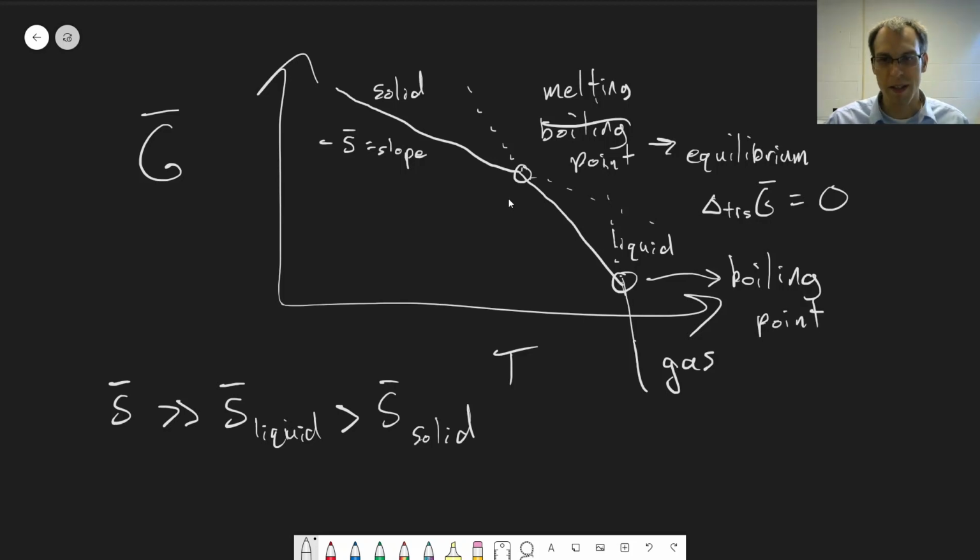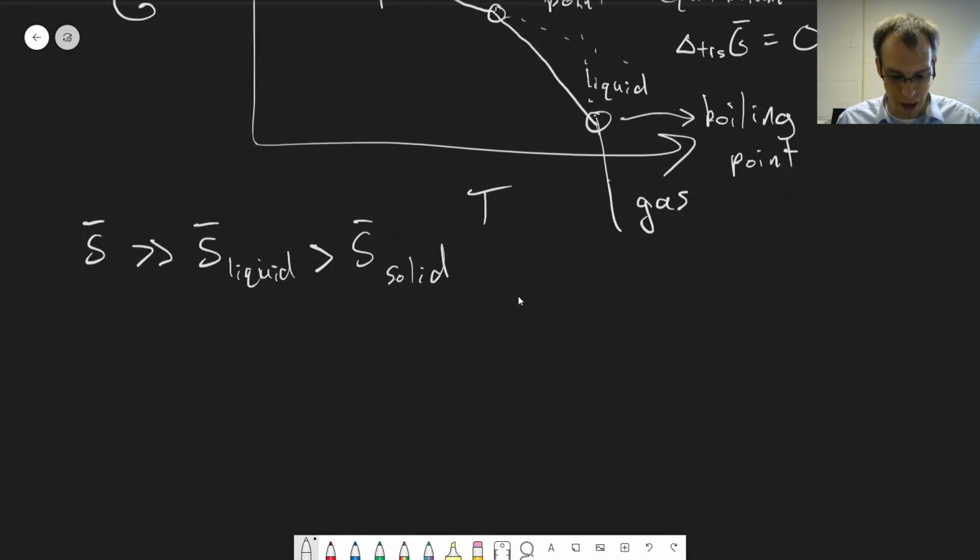Okay, and so as we increase temperature, we can see why we would expect to go from solid to liquid to gas, because these slopes are going to be different for each one, because the slope is based on the entropy. And the reason that we start with solids at the lowest is that there's also an intercept to this. What we can think about is G equals H minus TS.